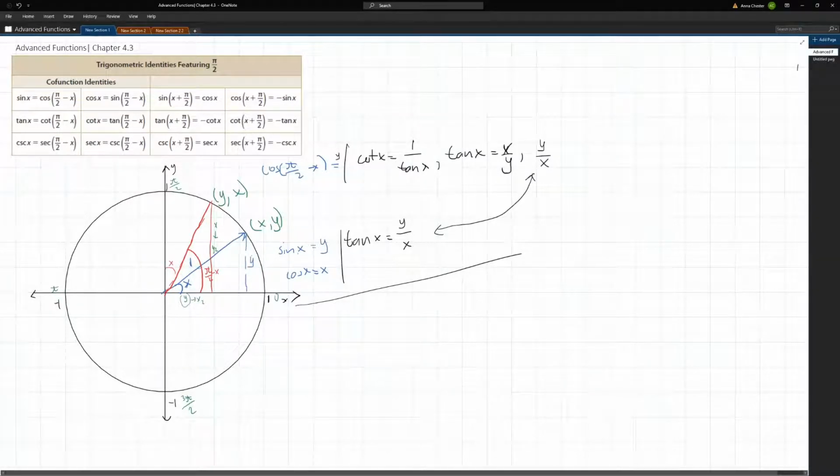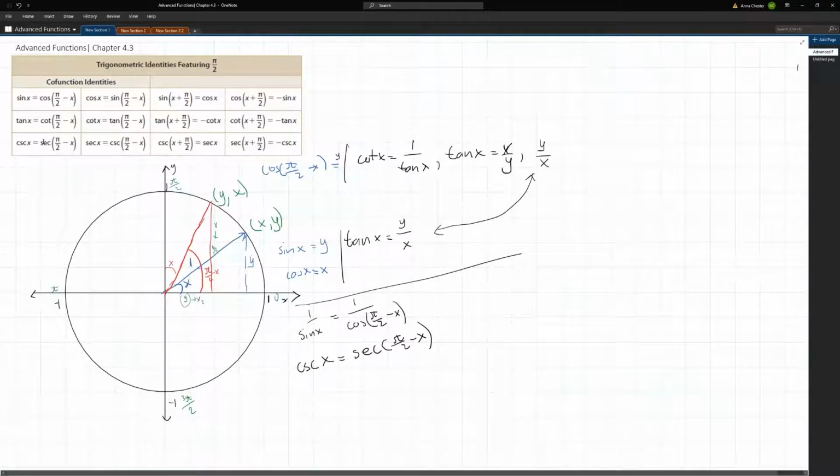So, if we took 1 over sine of x, that would be the same as taking 1 over cos of pi over 2 minus x, right? Since they were getting the same value. So cosecant of x is equal to secant of pi over 2 minus x. Again, now we got these two values.